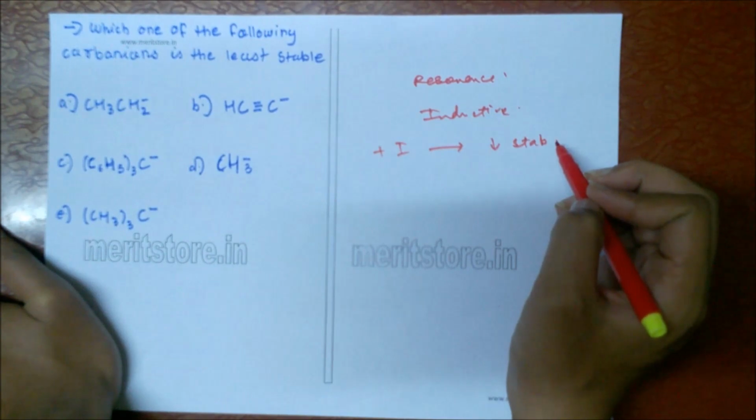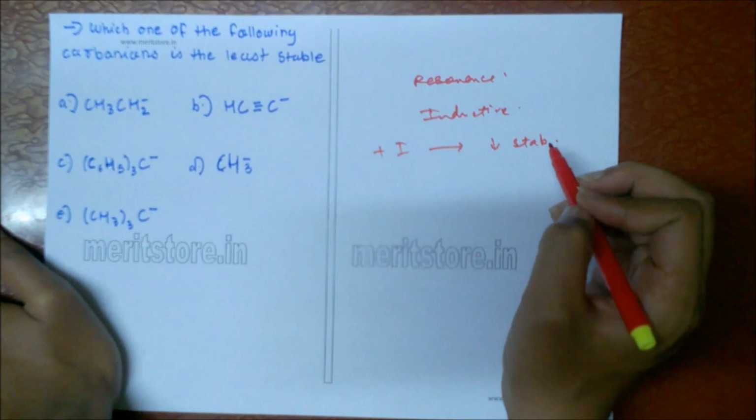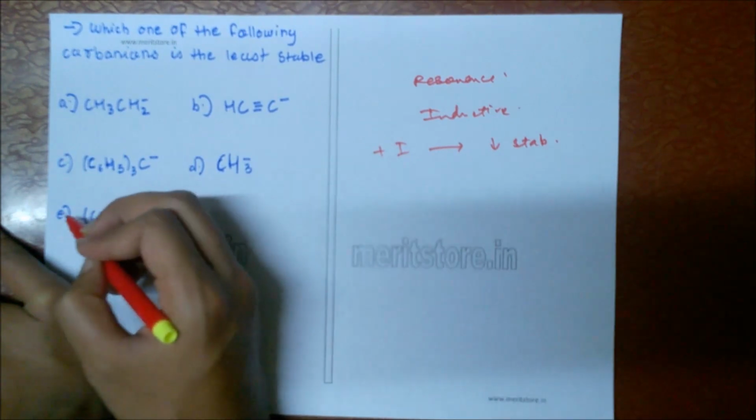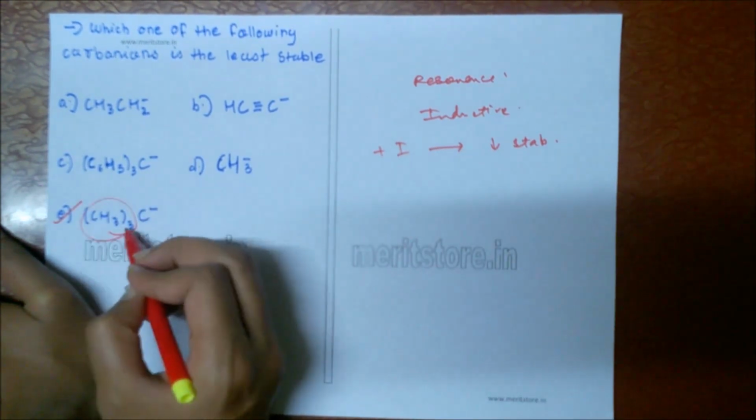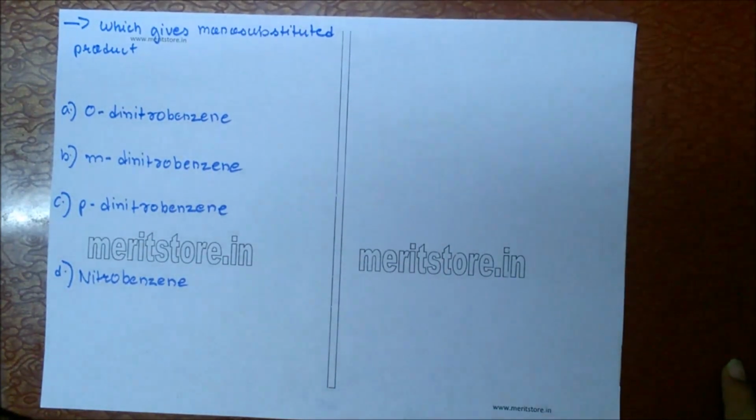Greater the number of alkyl groups on the carbon atom carrying negative charge, greater would be the intensity of the negative charge on the carbon atom, and hence less stable would be the carbanion. So option E is the least stable because the alkyl groups are more.